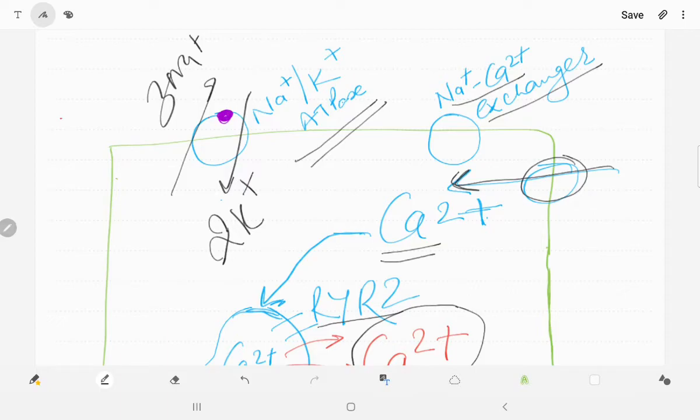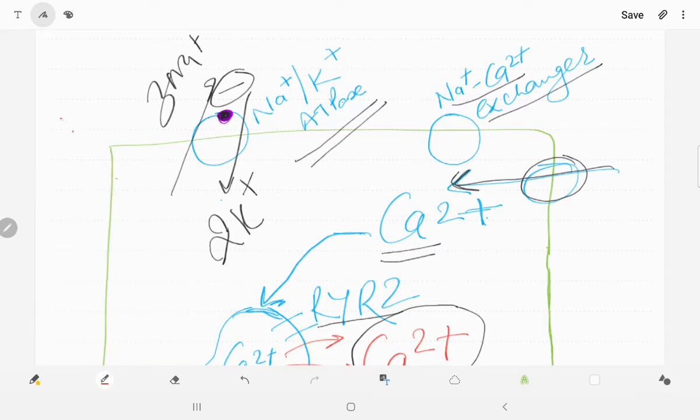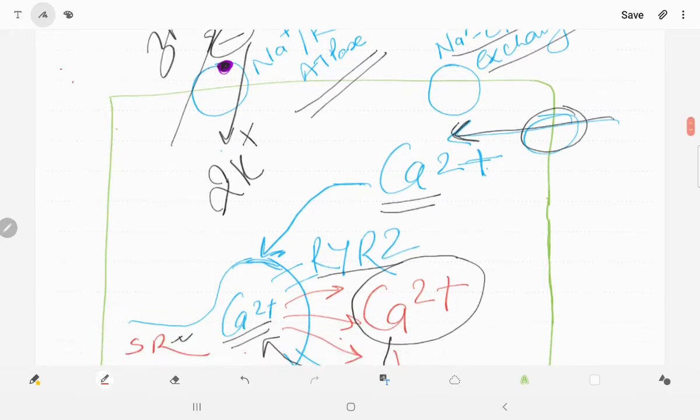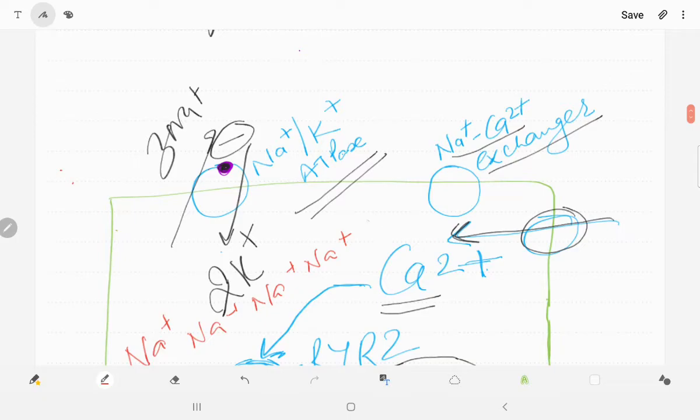So our drug of interest, digoxin, binds to the extracellular site of this pump protein and inhibits it. Once this is inhibited, sodium concentration inside the cell will increase, and that will inhibit the sodium calcium exchanger.